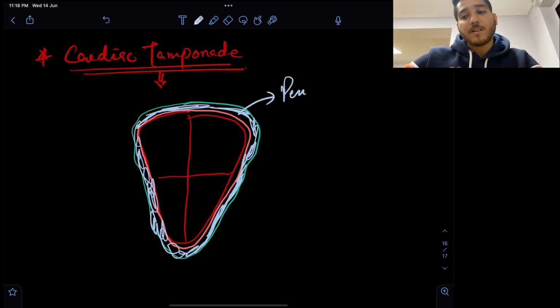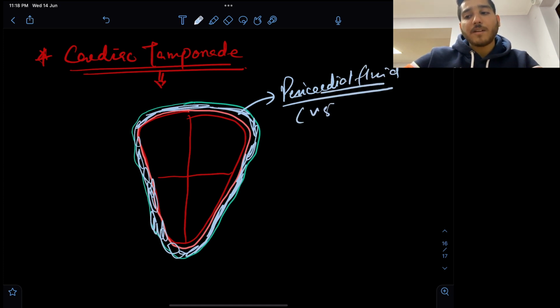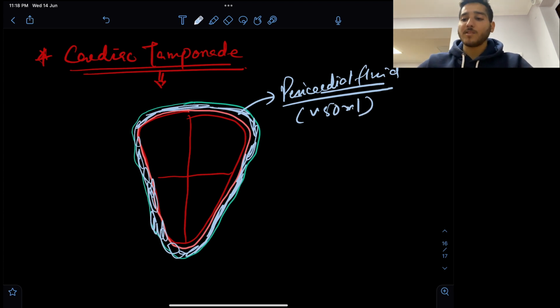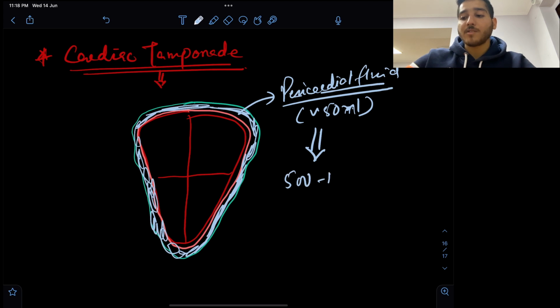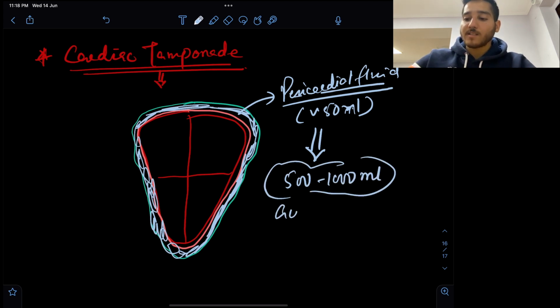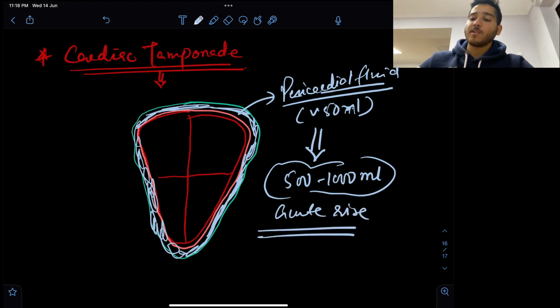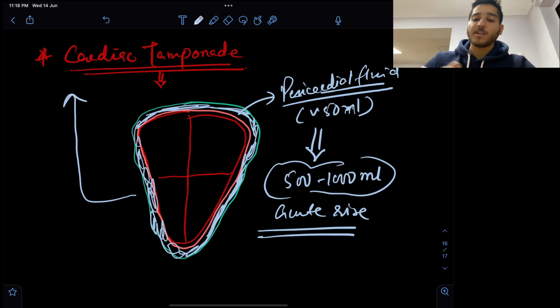This is pericardial fluid. And normally this pericardial fluid is around 50 ml to 100 ml. Okay, this is a very small amount. If somehow this pericardial fluid amount rises up to 500 or 1000 ml, if there's an acute rise in pericardial fluid amount, we call it cardiac tamponade.